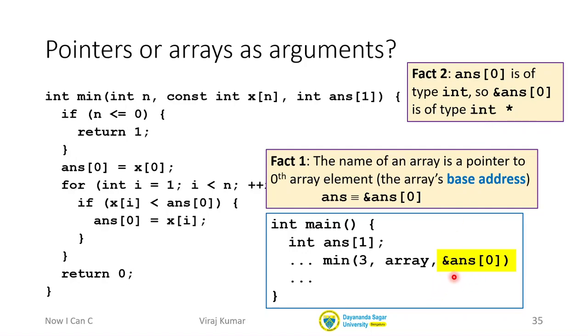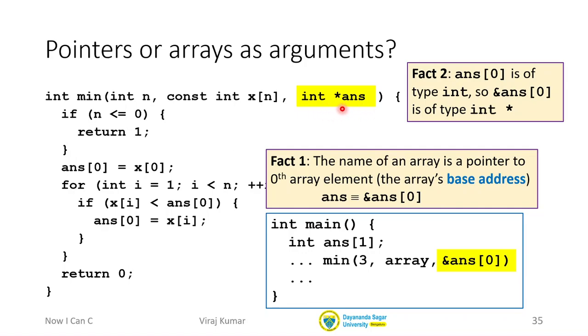So over here we are passing an int star value. That value is being copied over into this parameter, and that means this parameter should have type int star. So it turns out that it's perfectly okay to rewrite this like this, and it will work just fine.